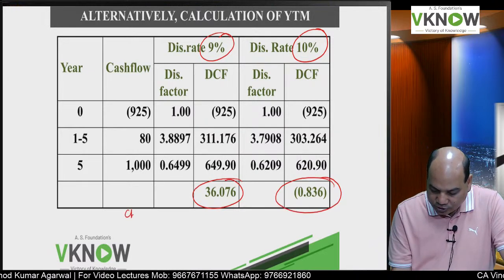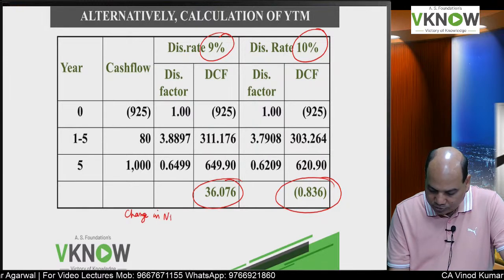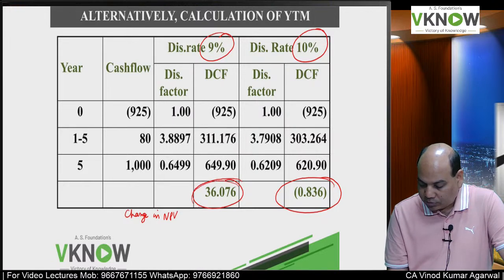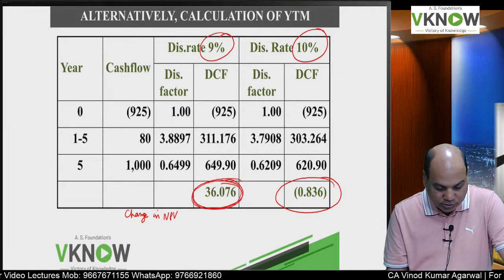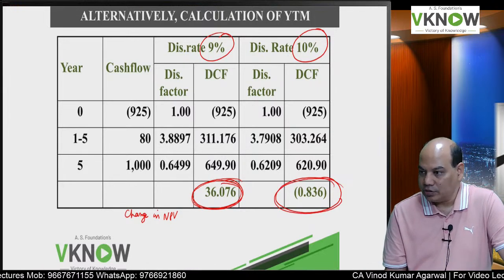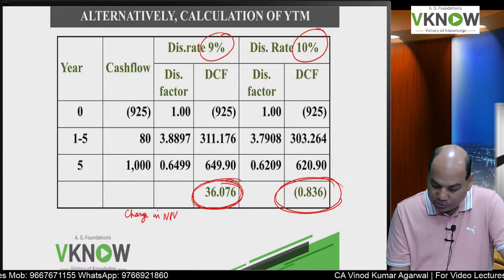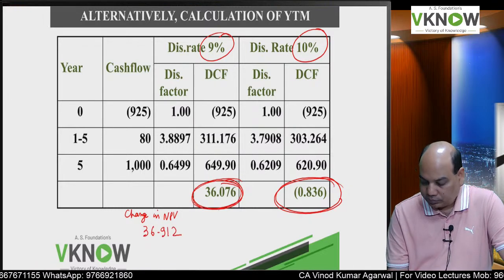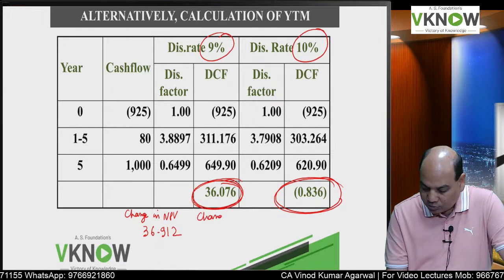So what is the change in NPV? Change in NPV from 36.076, it has become minus 0.836. So the change in the NPV is 36.912. And what is the change in discount rate?